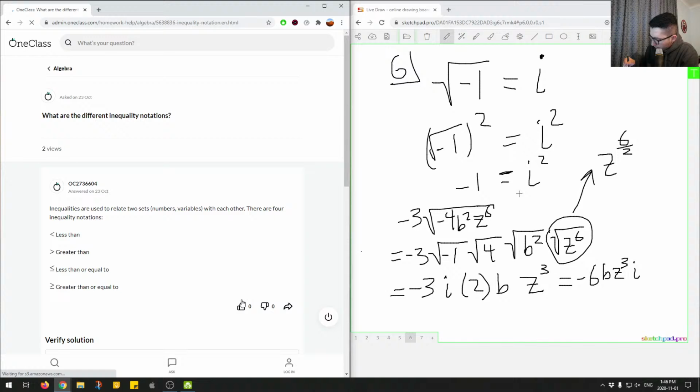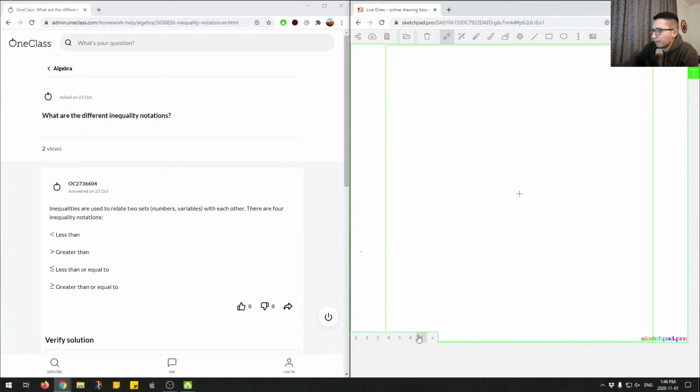Alright, so question number 7. What are the different inequality notations?